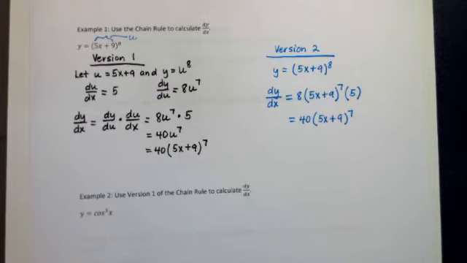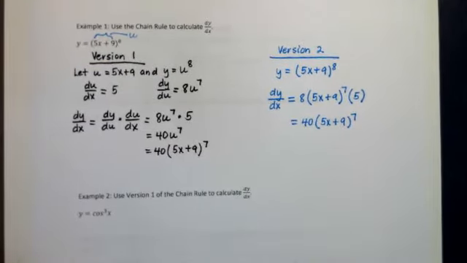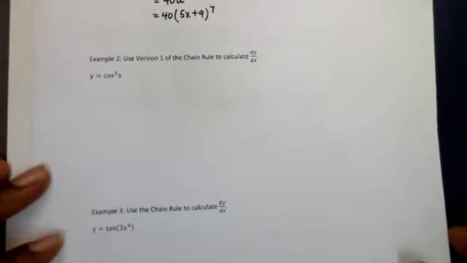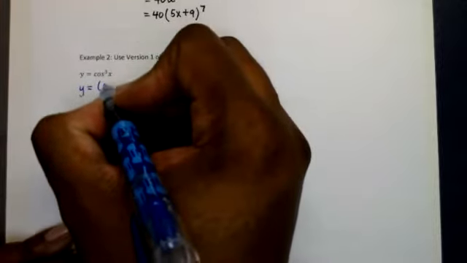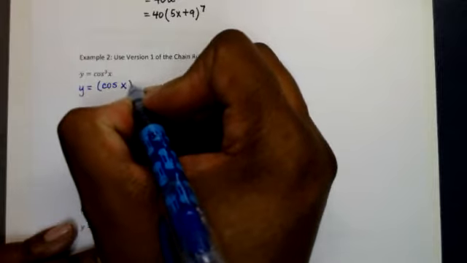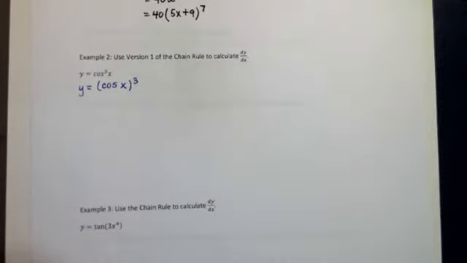All right, take a look at example 2. Here I'm going to use version 1 of the chain rule to calculate dy dx. In this case, y is equal to cosine cubed of x. I'm going to write cosine cubed of x in another way as y equal to cosine of x, and that's going to be cubed.